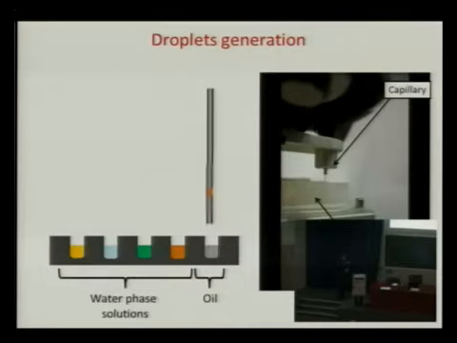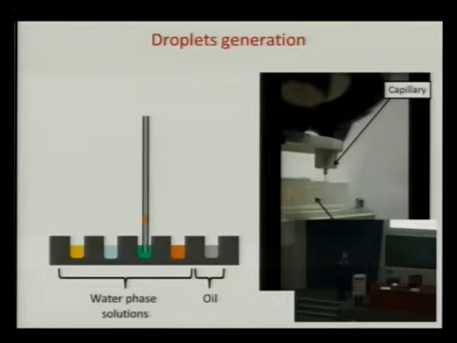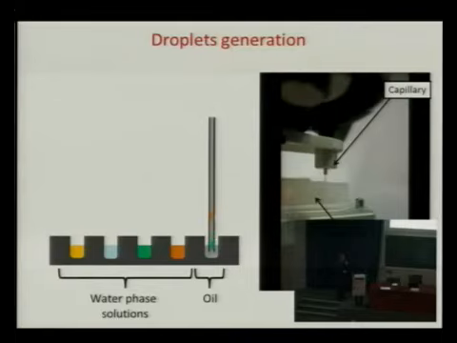And in this way, it's quite easy to generate a train of droplets where we control exactly what is inside of every droplet. And it is also easy to play with the volume of a droplet. Here, for this platform, we are using droplets of 200 nanoliters, but we can pipette smaller or bigger droplets.